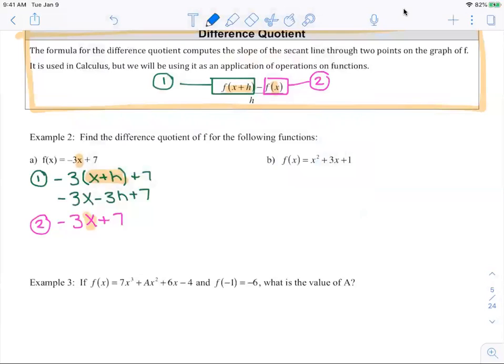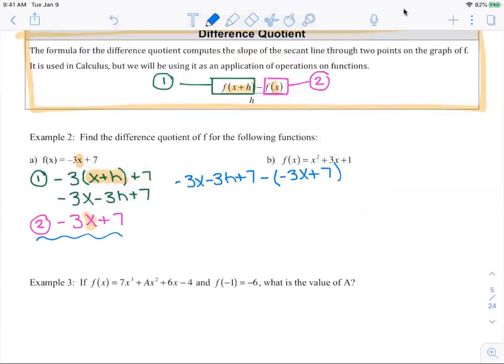We're going to take number 1, which is -3x minus 3h plus 7, and we're going to subtract, and I'm going to use parentheses here, -3x plus 7. And actually, I'm going to rewrite it down here because I'm going way too far into the other problem.